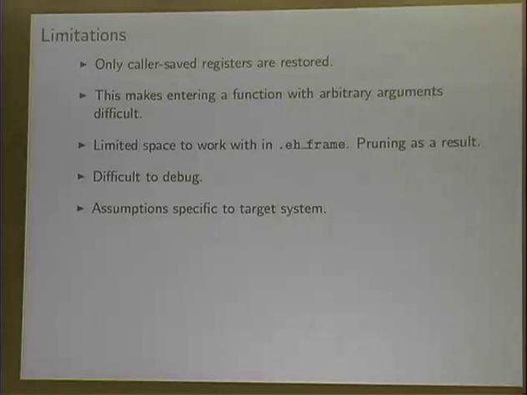I should also mention we have limited space to work with in EH frame as we're adding in all our big, long DWARF bytecode. It is important that we be reasonably compact because we don't want to make the section any larger. It'll run into other sections, etc. However, GCC doesn't attempt to do any sort of analysis of which functions will ever actually have exception handling passing through them.